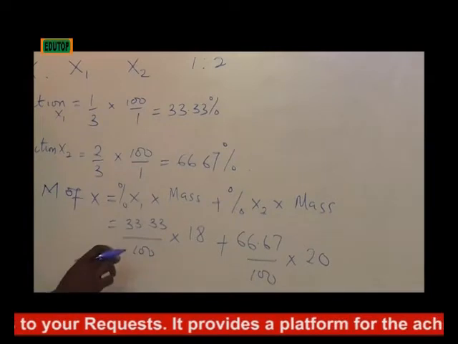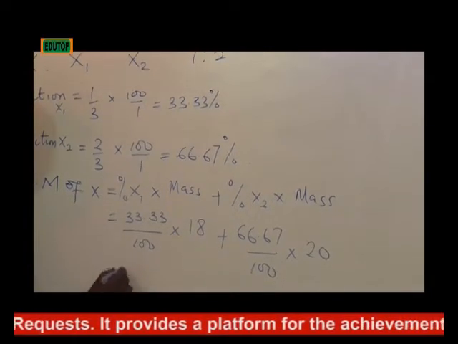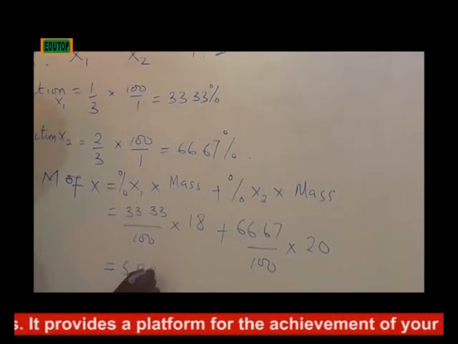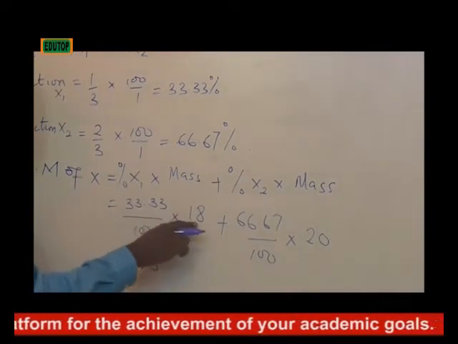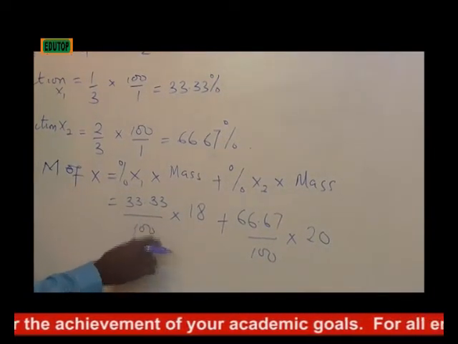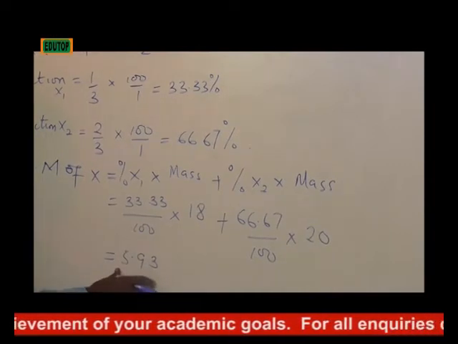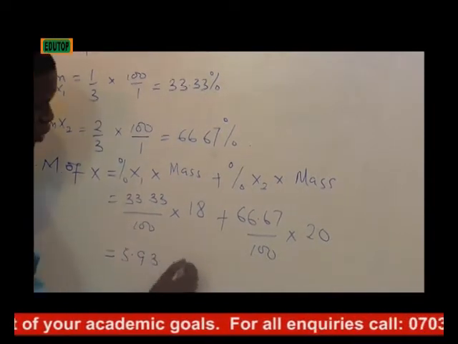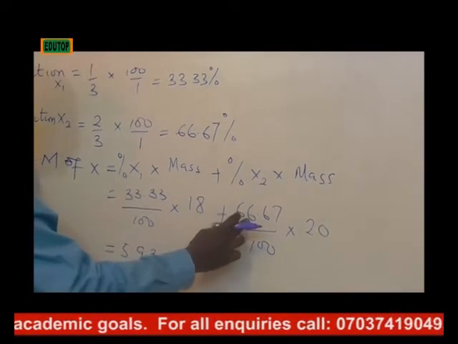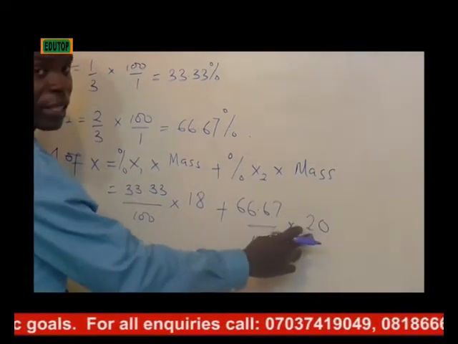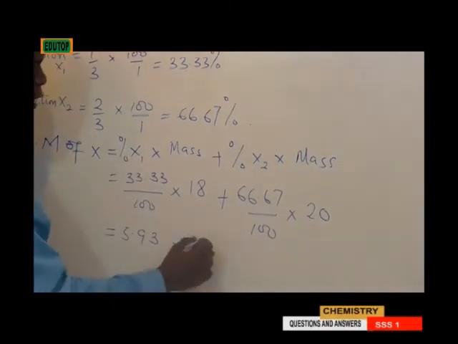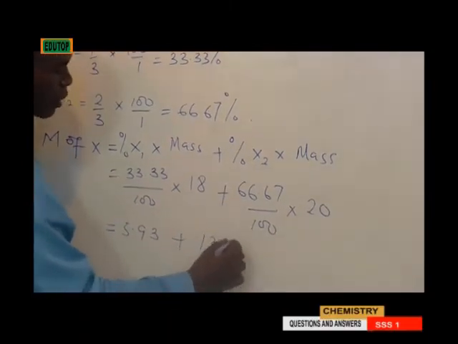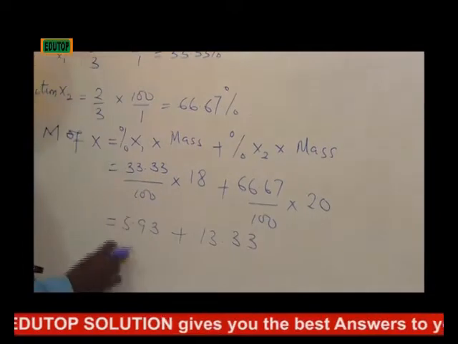This gives 5.93. This multiplied by this divided by 100 gives 5.93, plus this multiplied by 20 divided by 100 gives 13.33.